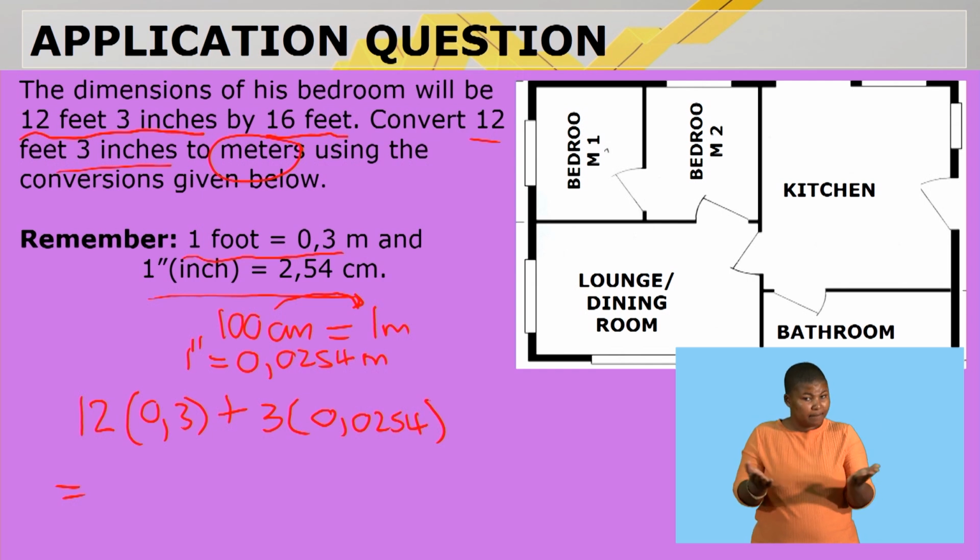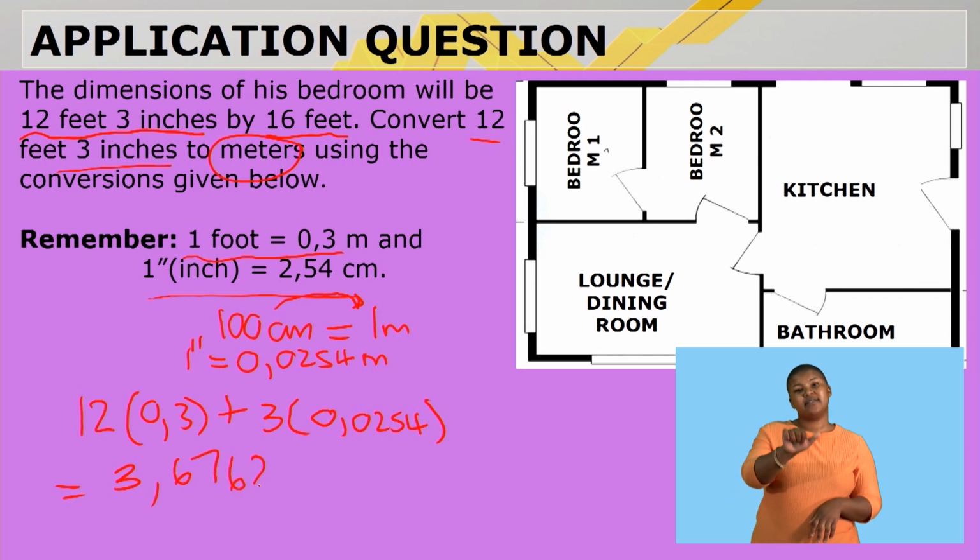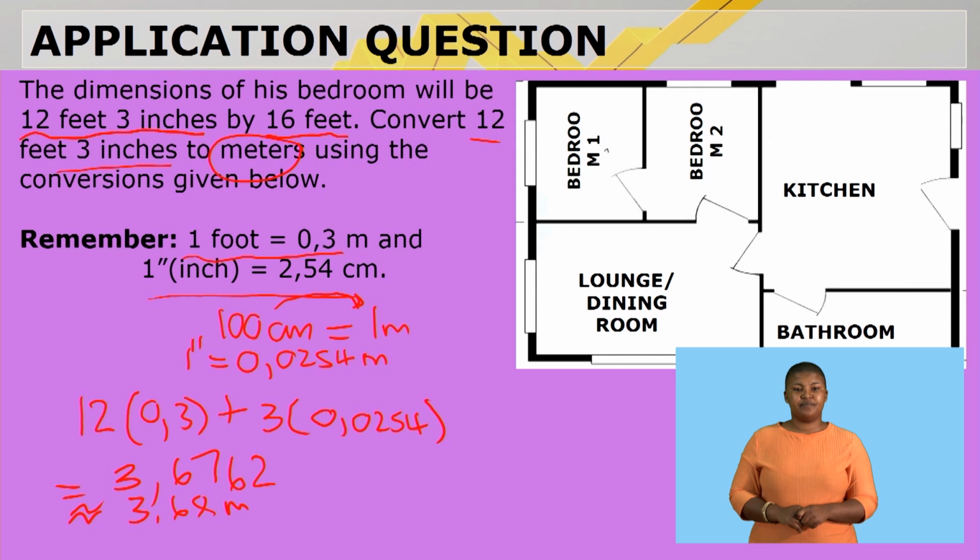I know this is long and lengthy, but we are almost done. And that is then 3,6762. And because we are at our final answer, we round to 3,68 meters. And that is then the length of his room.